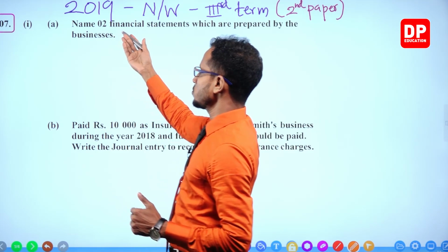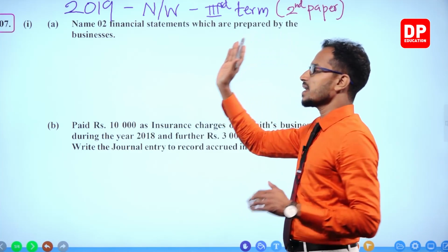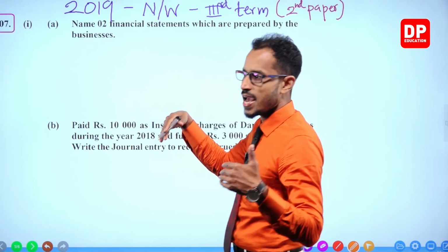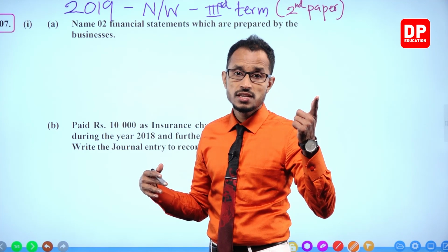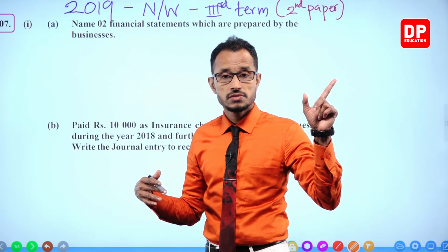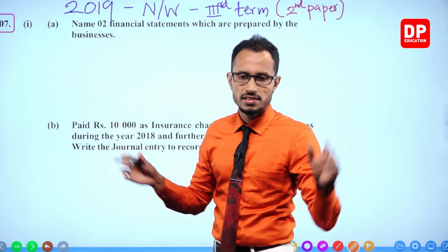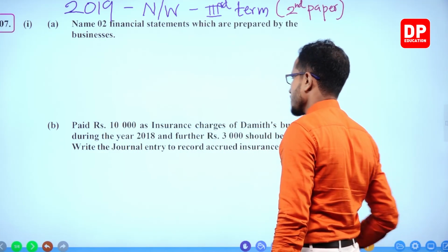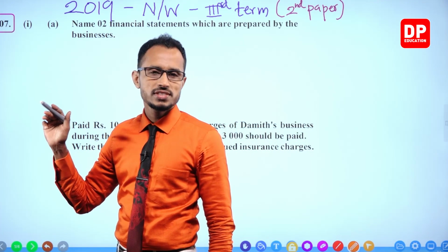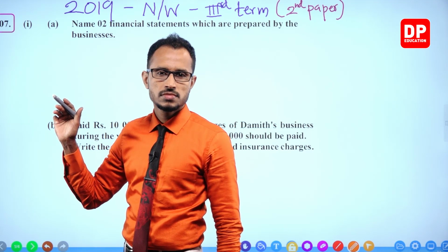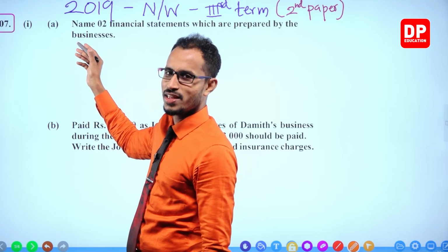You know that financial statements are prepared by any business, and there are profit-oriented businesses and non-profit-oriented businesses, right? In those businesses, mainly the difference is the name of the statements. Statements are the same. You know that, right?